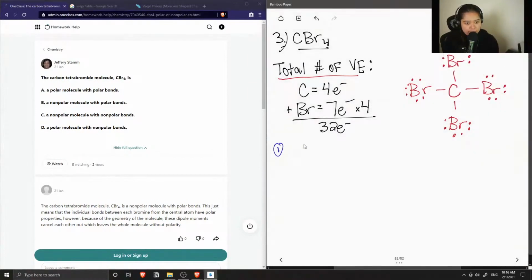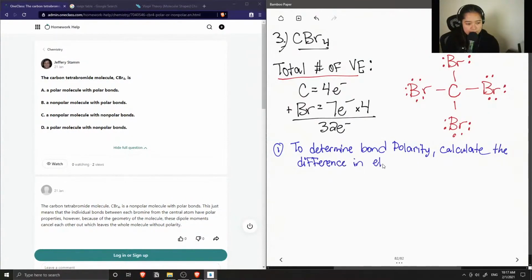So to find out whether or not the molecule is polar or nonpolar, we first need to find out the polarity of the bonds. This will also help us answer the multiple choice since we need to know if the bonds are polar or nonpolar. So to determine the bond polarity, we need to calculate the difference in electronegativities.